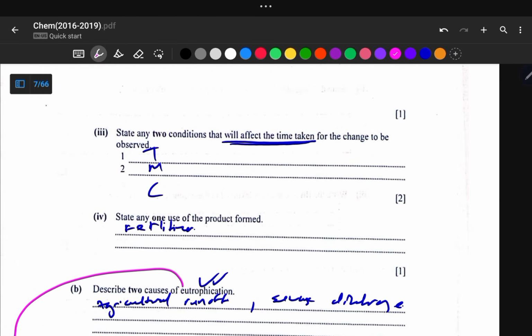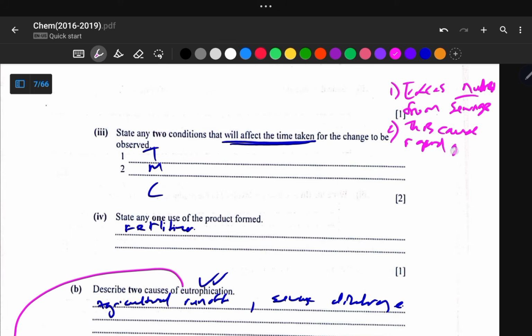First we've got excess nutrients from the sewage, the fertilizers, right, and etc. And then the second step: this will result in the rapid growth of algae, which is called the algal bloom, right?